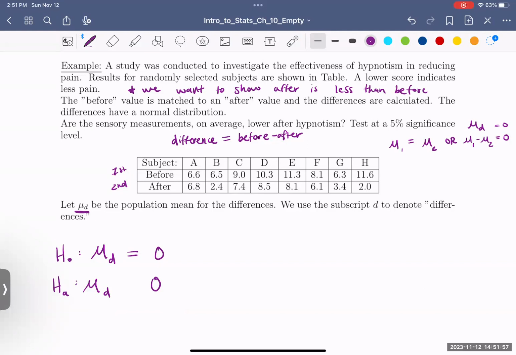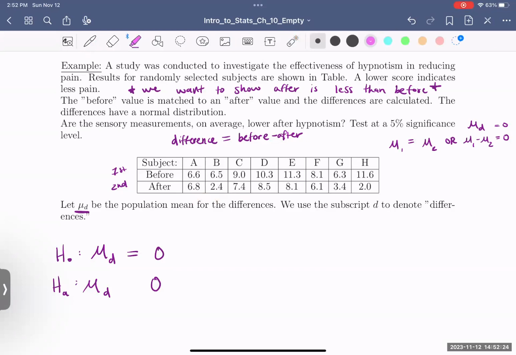So does that mean the difference should be greater than zero or the difference should be less than zero? If you have trouble with figuring this out, whether we want mu sub d to be greater than zero or less than zero, I recommend you look at one of the outcomes that looks good, one of these subjects that meets what we're trying to show, and check if their difference is positive or if their difference is negative.